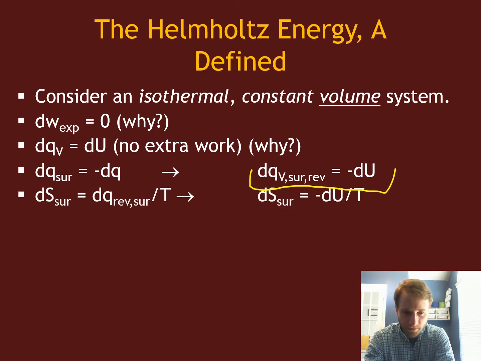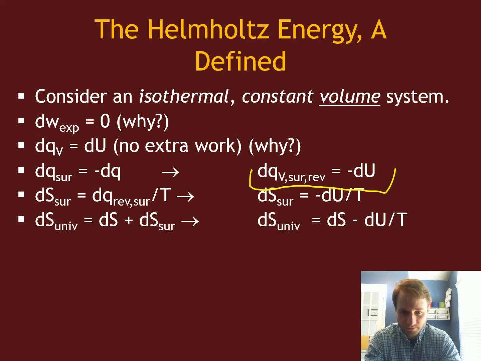And so dS of the surroundings, plugging in for what dq reversible of the surroundings is, is just equal to minus dU divided by T. So dS of the universe, which is defined as dS of the system plus dS of the surroundings, is going to be dS of the system minus dU divided by T. Again, dU is for the system, T is the temperature of the system, and dS is for the system.